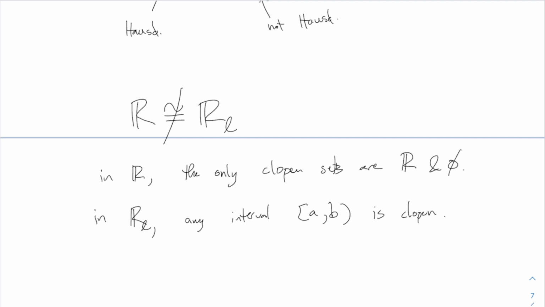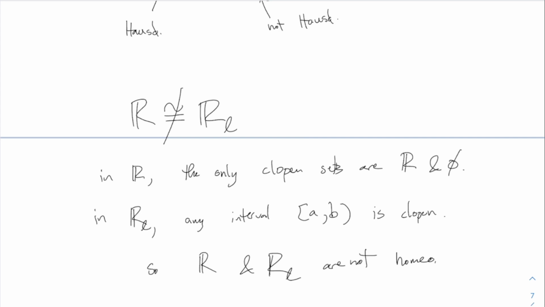So in RL, any interval is clopen. That means these cannot be homeomorphic because the first one has only 2 clopen sets. The second one has infinitely many clopen sets. And so they cannot be the same topologically speaking. So R and RL are not homeomorphic.